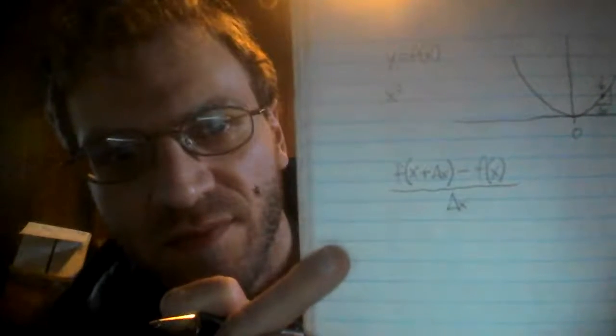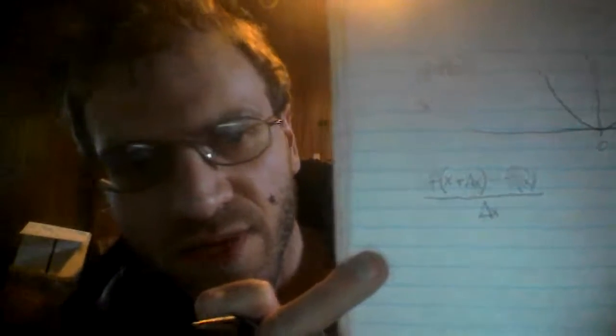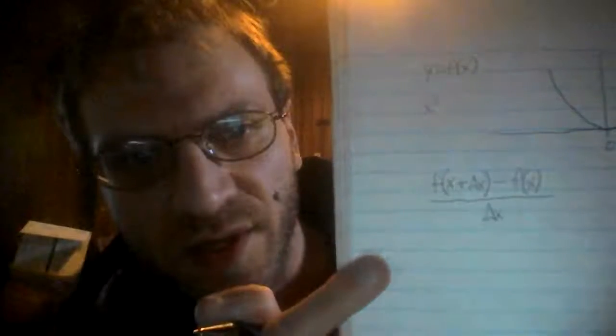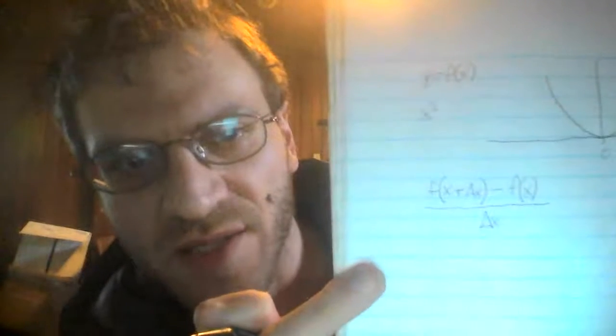The difference quotient is this idea: you have f of x plus delta x minus f of x, all divided by delta x. That's the difference quotient.